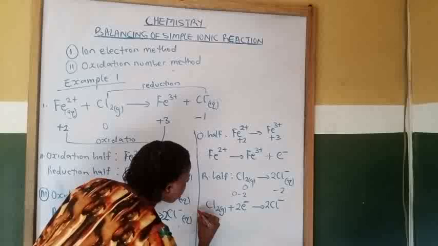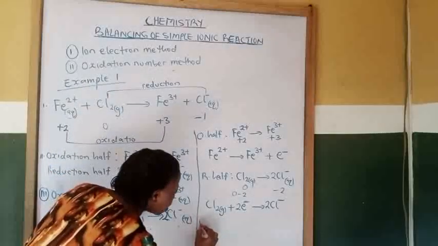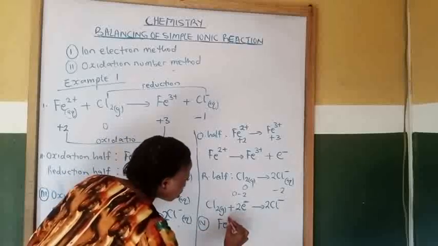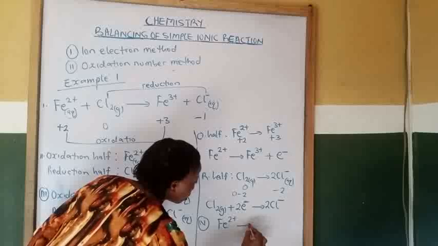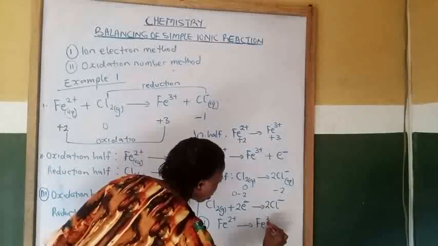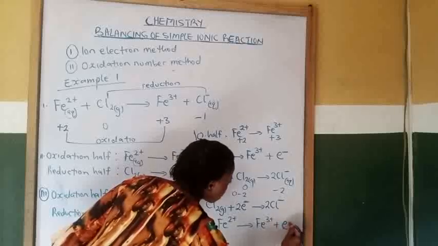This is step 4. So that is Fe2+ equal to Fe3+ plus e minus.